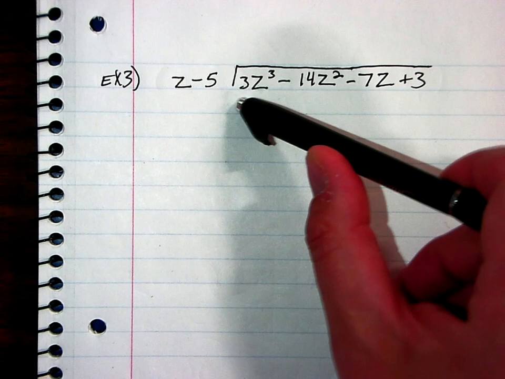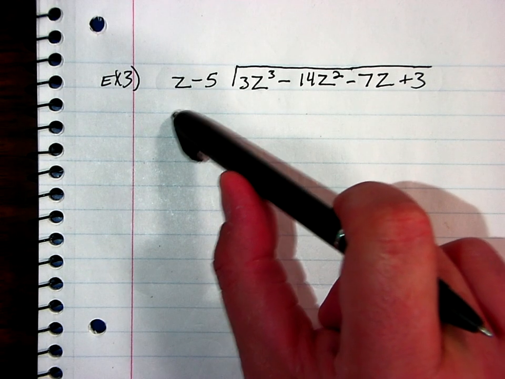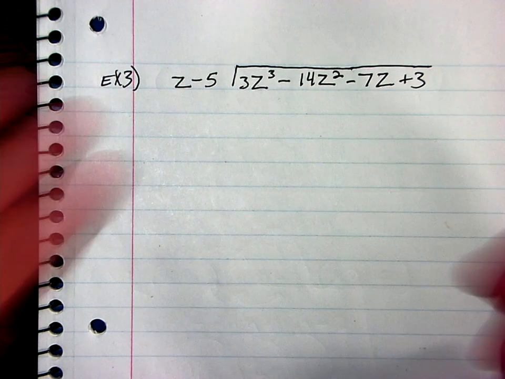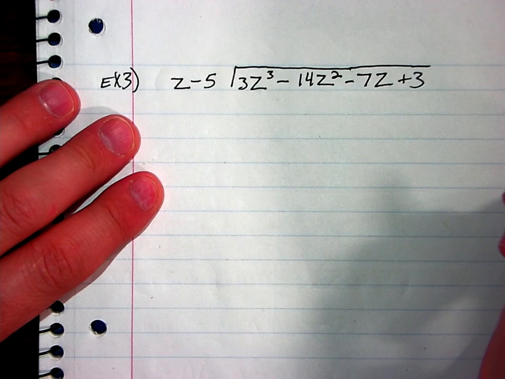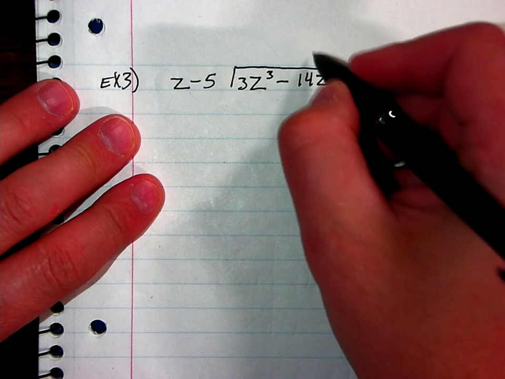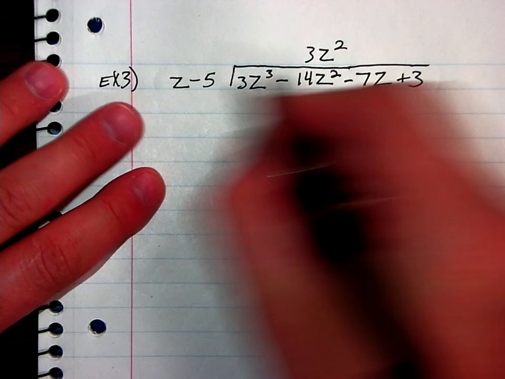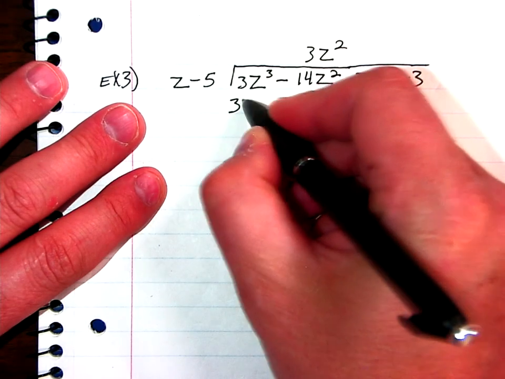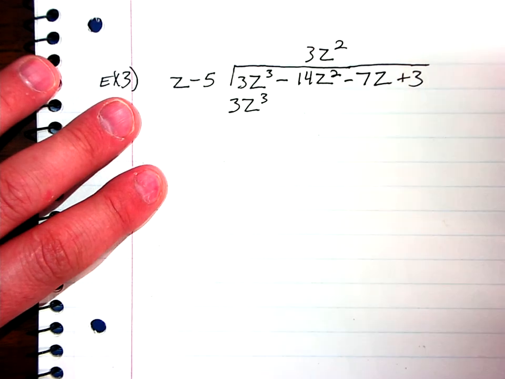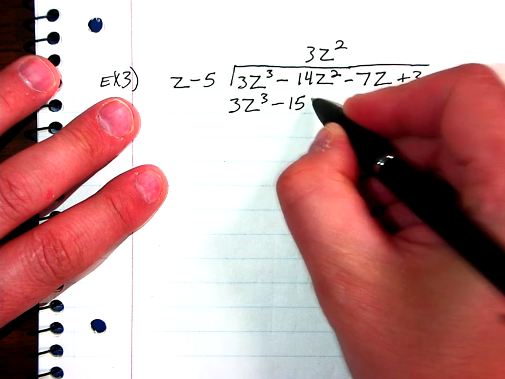All right, so we need a 3z cubed, and we have a z. So what do we multiply it by? Z squared, but what z squared? 3z squared. So I'm going to put it above my z squared here. 3z squared times z is 3z cubed. 3z squared times negative 5 is negative 15z squared.